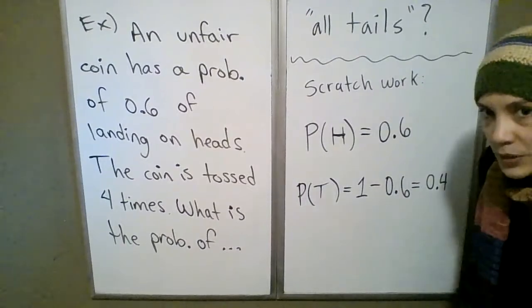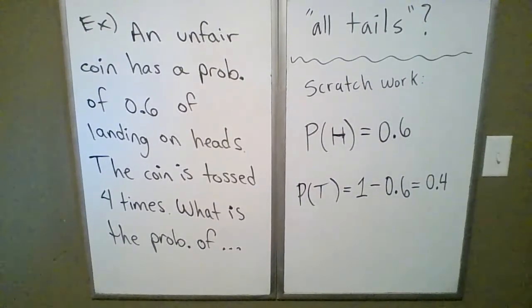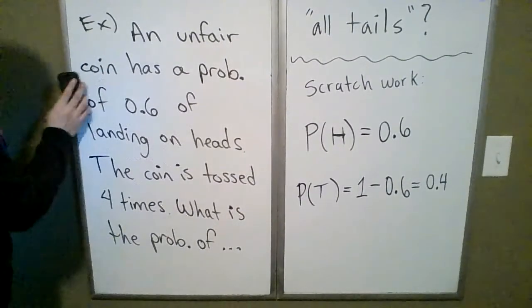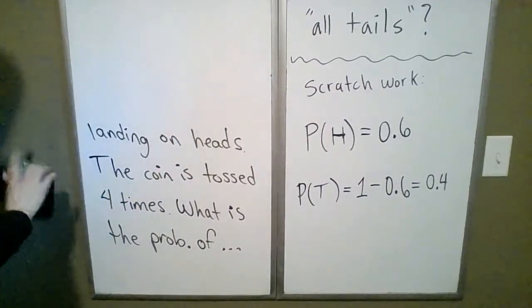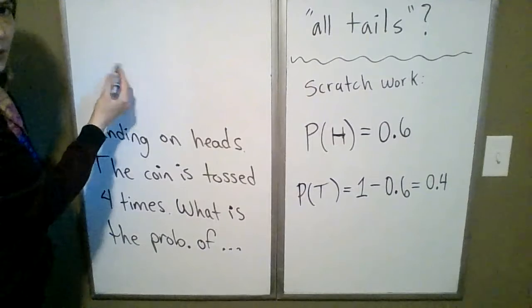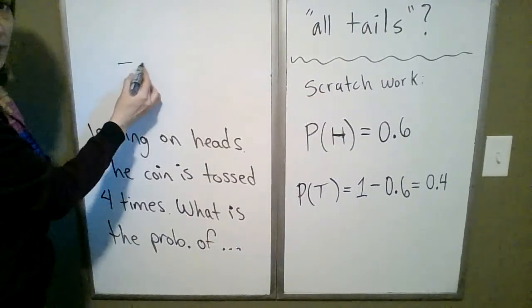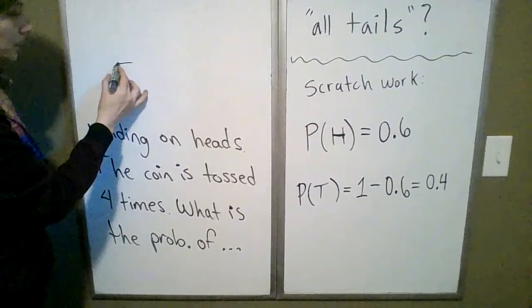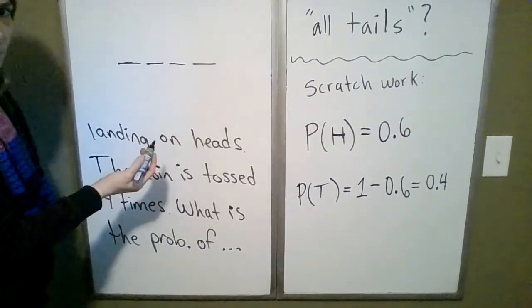All right, and then we flip a coin 4 times in a row. So I guess this is just something I learned from when I took stats, is to make a little visual placeholder. You don't need to though. There's my 4 flips.